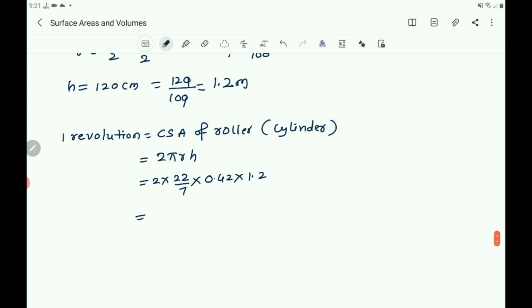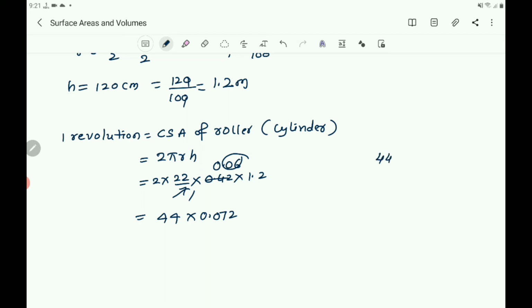Then 7 ones are 7, 6 are 42, so it is 0.6. Then you will get 44, 22 2s are 44, and 12 6 are 72, and here 2 plus 1, 3 zeros, that becomes 0.072.